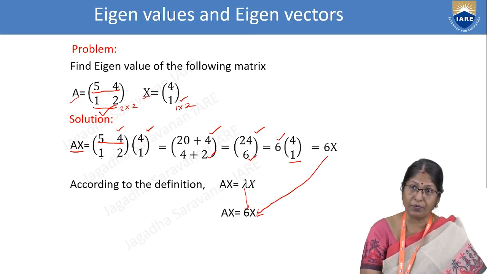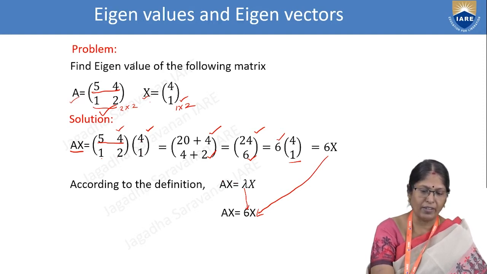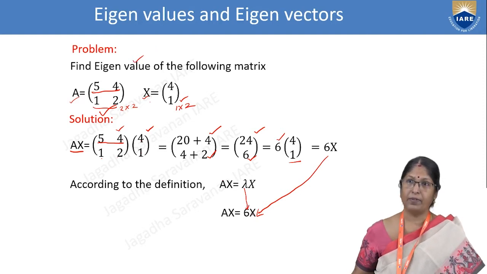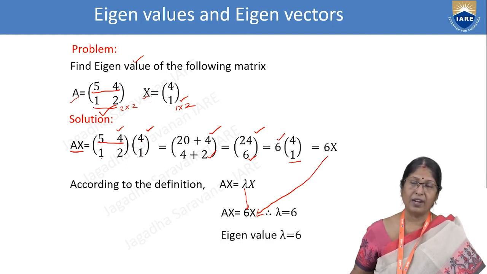So according to the definition, lambda is the eigenvalue, capital X is the eigenvector, and capital A is the given matrix. The question is to find the eigenvalue, so we got it: lambda equal to 6. The eigenvalue is lambda equal to 6.